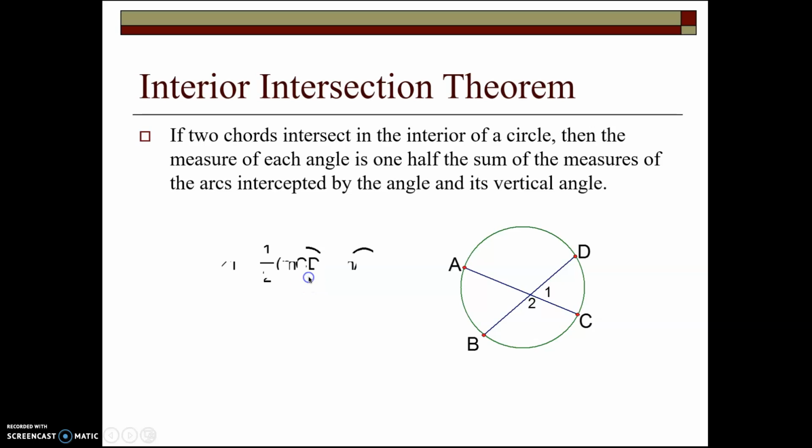And so the measure of angle 1 is going to be the sum of the arcs that are formed there. So DC and AB go with angle 1, so you'd add those together and divide by 2. If we were looking for angle 2, we would add BC and AD together and divide by 2.